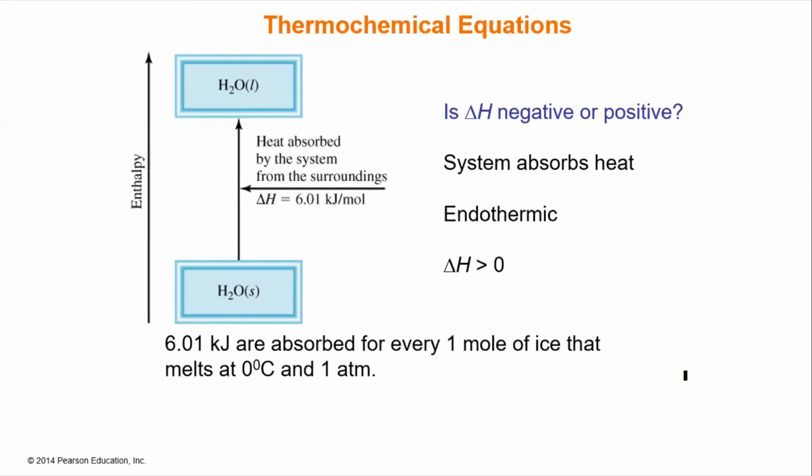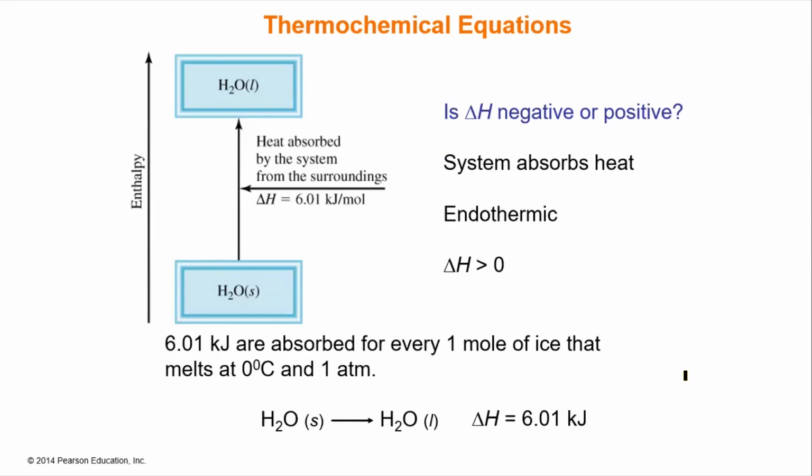And of course, we had to specify the conditions. We know that ice melts at 0 degrees Celsius and 1 atmosphere pressure. Now I can write the equation for this process. Although this is not a chemical reaction but a physical change, we write H2O solid converts to H2O liquid.